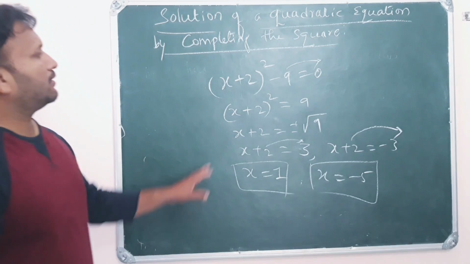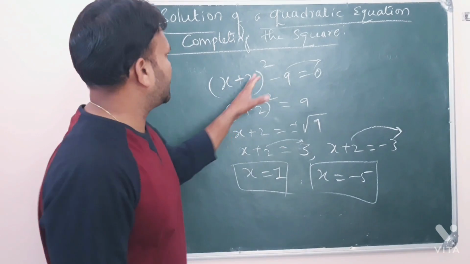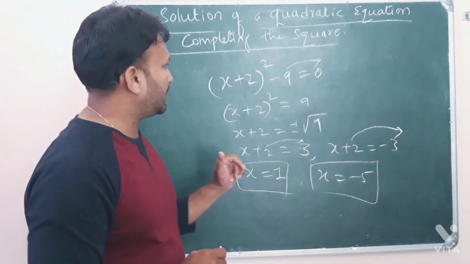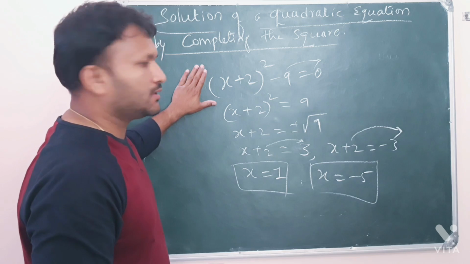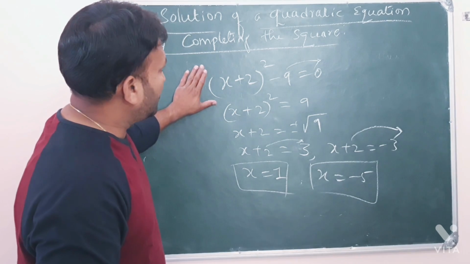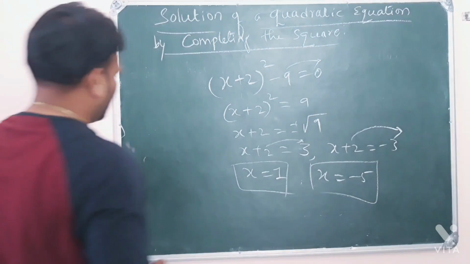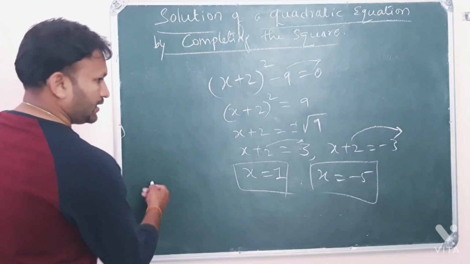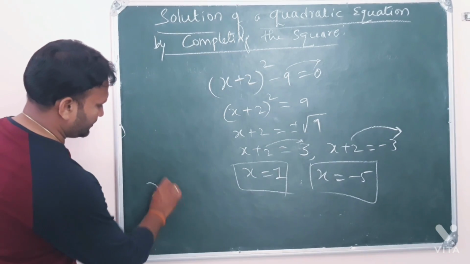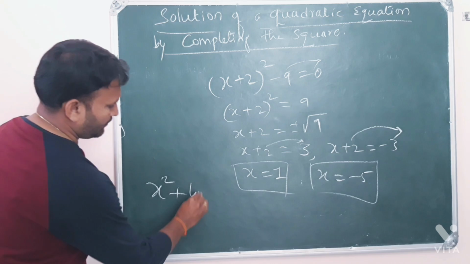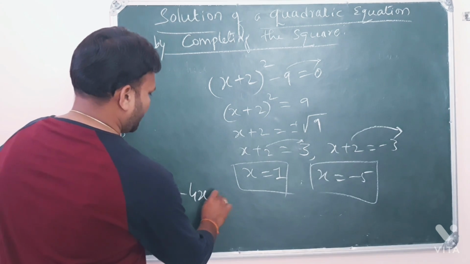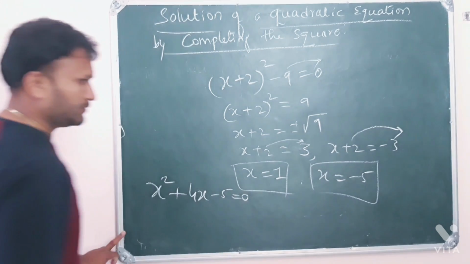So this is when we take x under the square. Already x is under the square, and in some examples you will see where x is not under the square. Suppose x square plus 4x minus 5 is equal to 0.